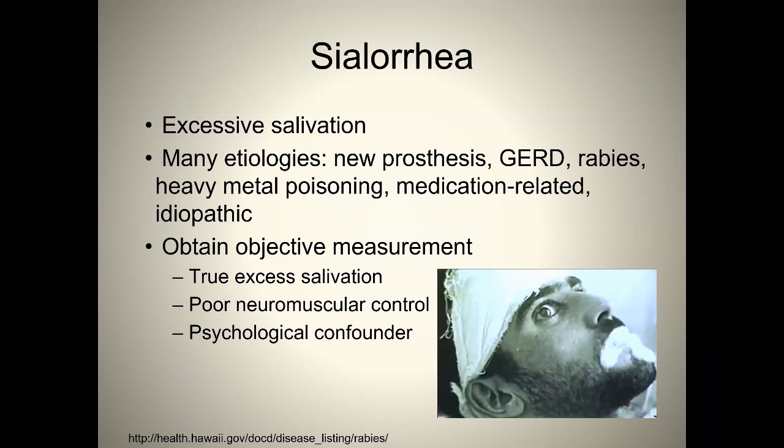And you do see this sometimes with people with neuromuscular degeneration, such as muscular dystrophy and other conditions like that, where they may carry around a towel to wipe away their saliva. And it's not because they're producing more saliva, but it's because they can't contain the saliva within their mouth due to poor neuromuscular control.